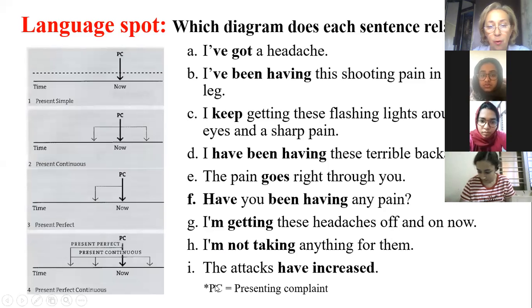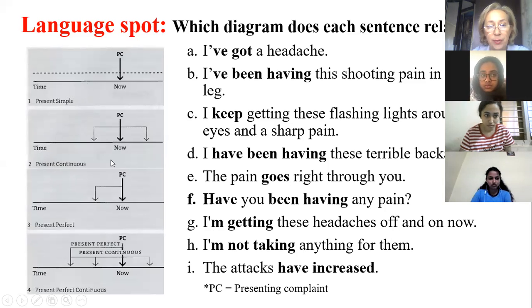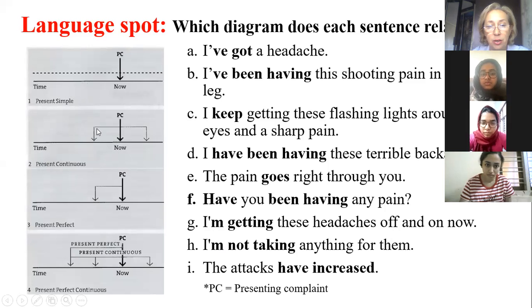PC stands for presenting complaint, as it's given at the bottom of the slide. Then the second diagram describes the present continuous tense, which started maybe before now and is now in progress and will go on for some period of time in future.